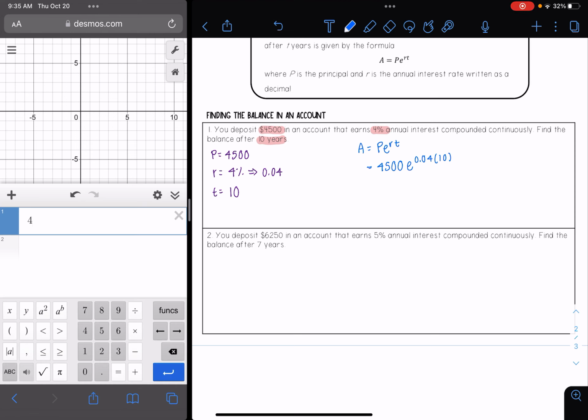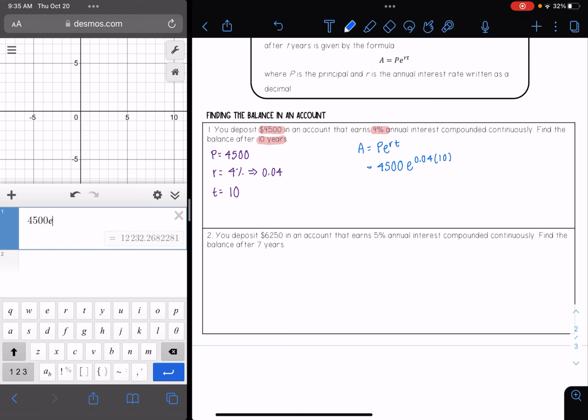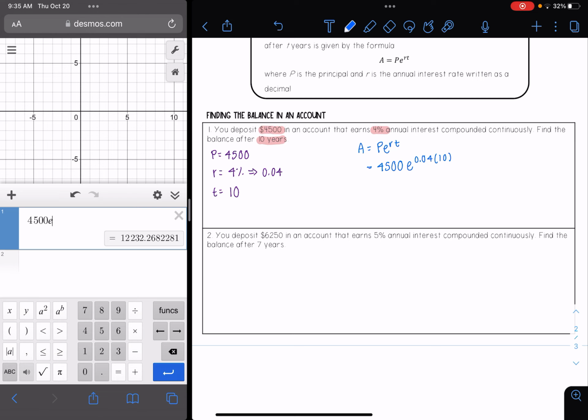So I have 4,500 e raised to 0.04 times 10, I get 0.4. And rounding that to the nearest hundredth, I get that A is approximately $6,713.21.